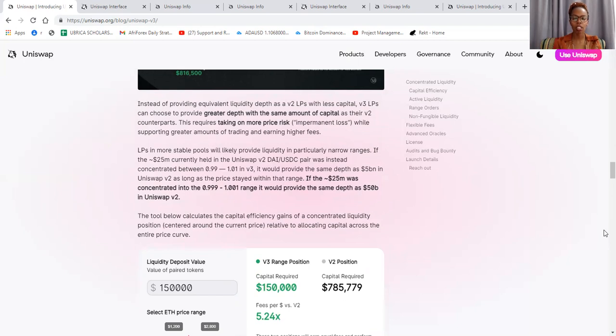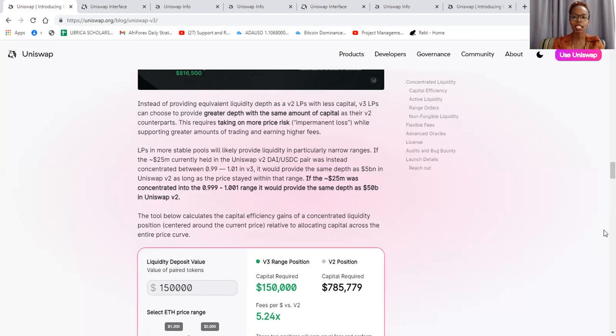All the LP tokens are not the same, because they have introduced the price ranges, so these LP tokens are not the same for everyone. If today I provided liquidity in a price range of $1 to $2, and another person provided liquidity between $3 and $4, those liquidity pool tokens are not the same. They are different because they represent something different. It's not the same way we had the LP tokens. So that is also something else that has changed.